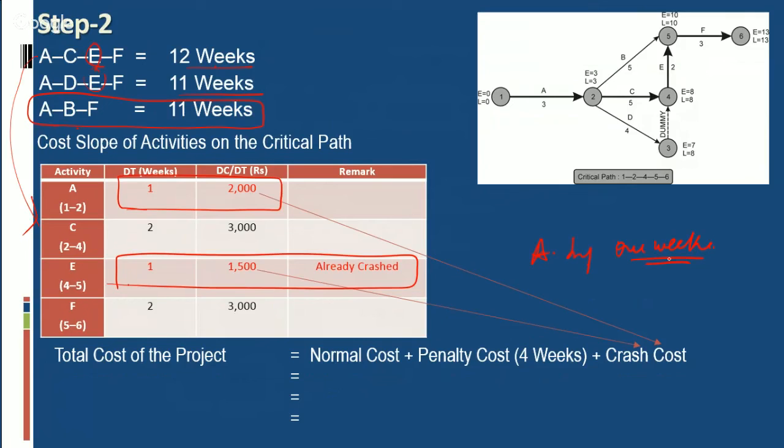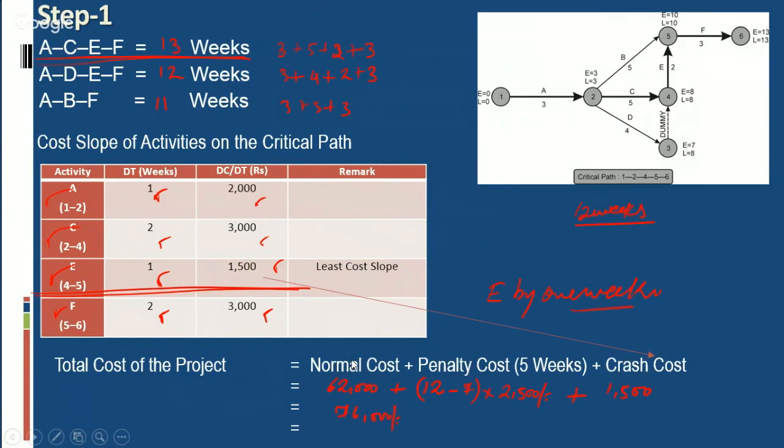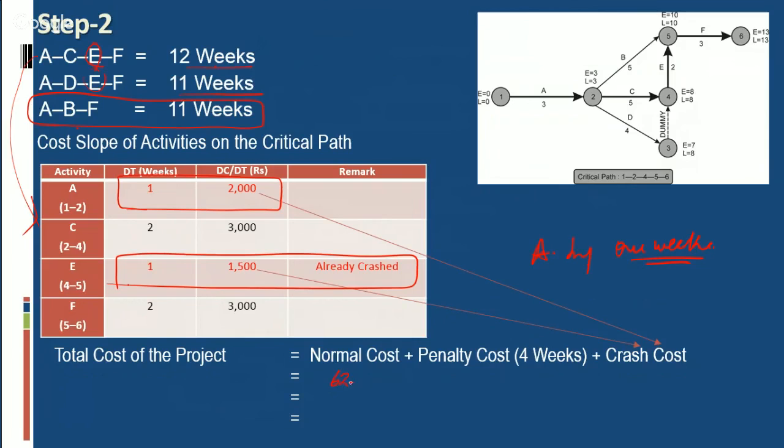In this situation, the total cost of the project will be our normal cost as computed earlier, 62,000, plus penalty cost for 13 minus 1 minus 1 minus 7 into 2,500, plus crash cost 1,500.